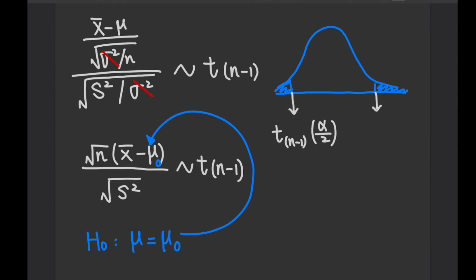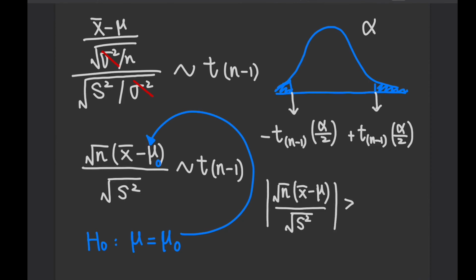Given your significance level alpha, you can determine these two values. On the left-hand side, you should take a negative value, while on the right-hand side, you should take a positive value. Okay? If the absolute value of your test statistic is larger than the absolute value of the critical value, which is an extremely unlikely event given that h naught is true, then we can reject h naught, alright?